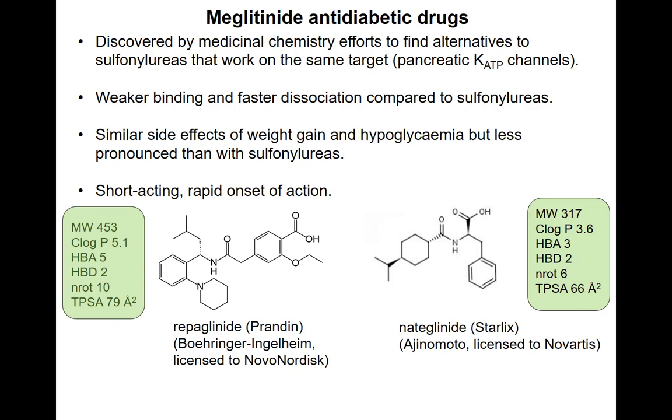But it turned out to be a pretty good binder to the potassium ATP channels and has since been licensed to Novartis. And with that, I'll stop this first part of the lecture and we'll then move on to some other antidiabetic drugs with different mechanisms of action.